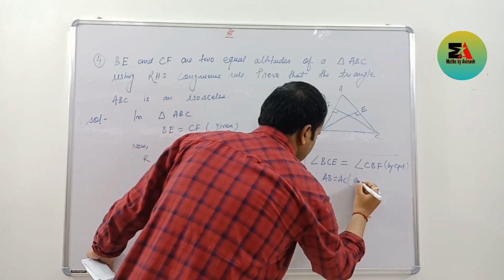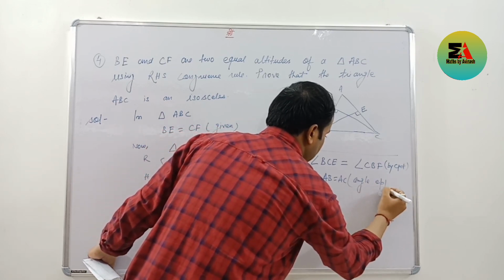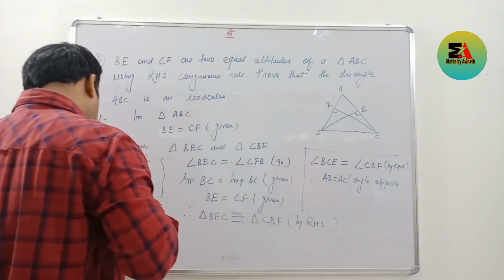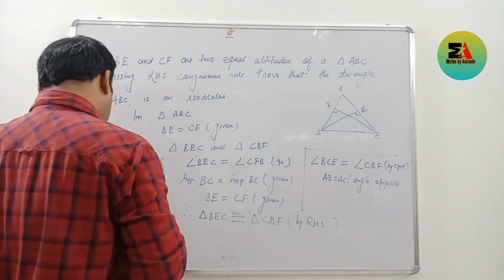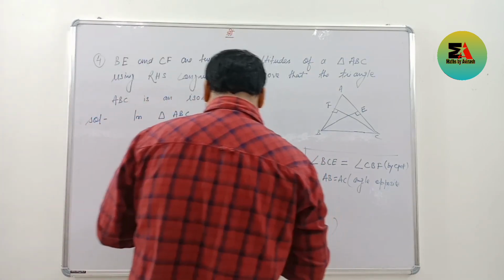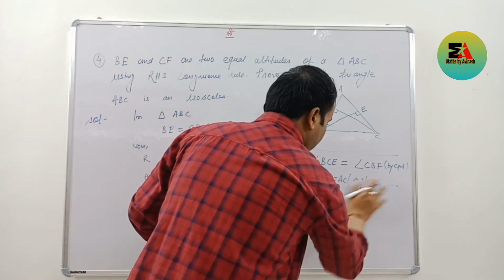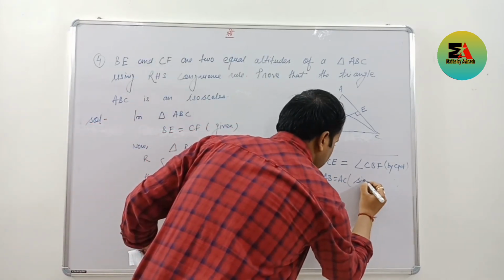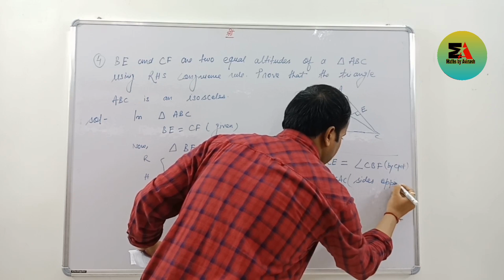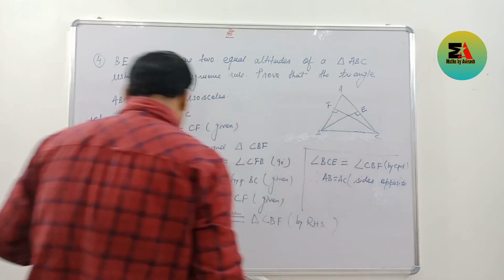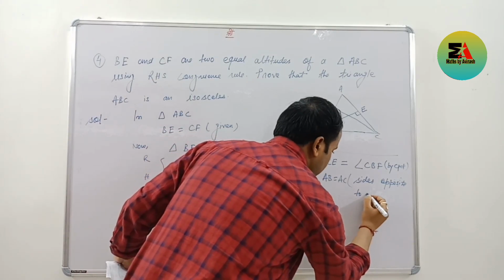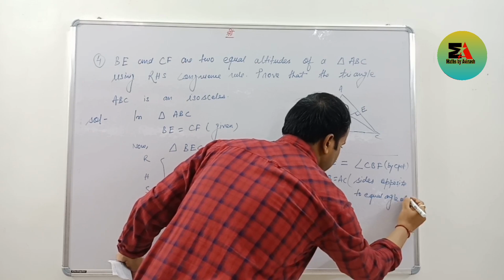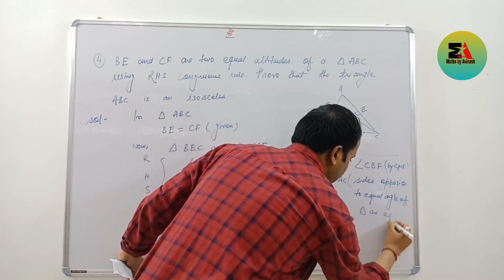Why? We know that sides opposite to equal angles of a triangle are equal.